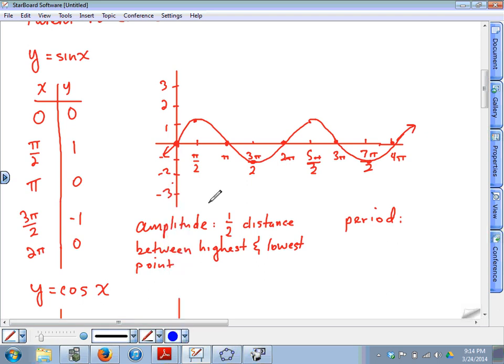So on this graph here, 1 is the highest point, -1 down here is the lowest point. If we measured that distance between the highest and the lowest, between -1 and 1, that's a distance of 2, but the amplitude is half of that distance. So in this case, the amplitude is equal to 1.